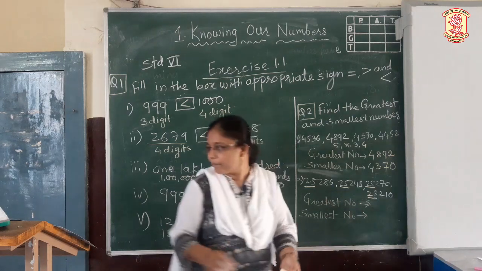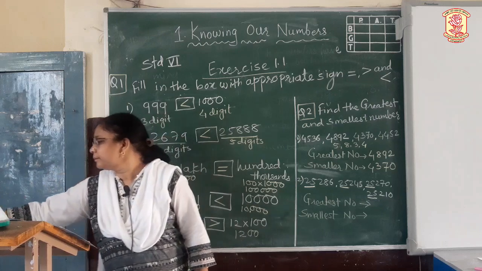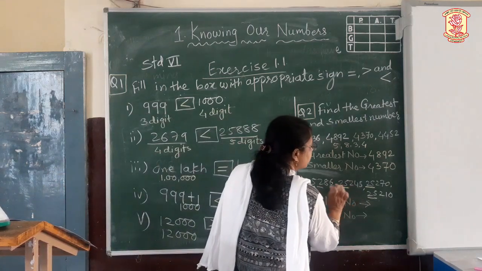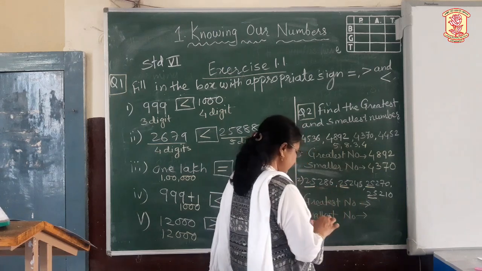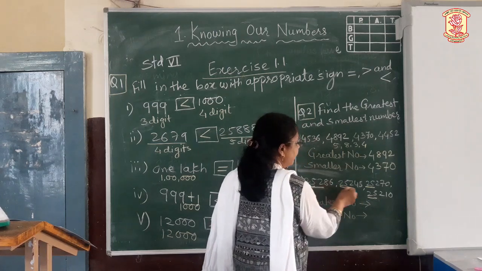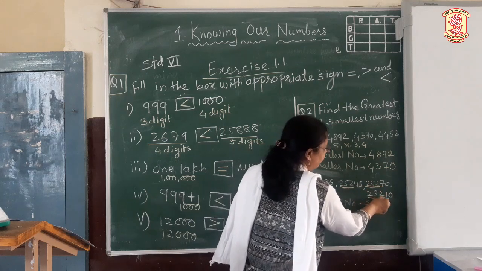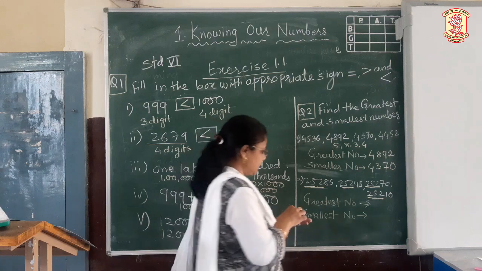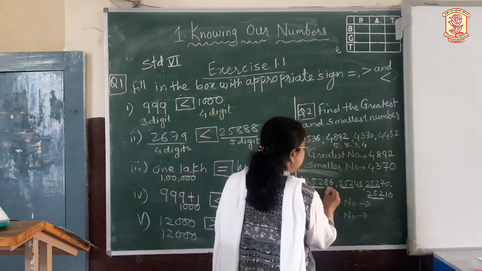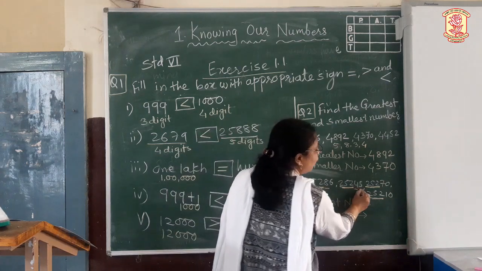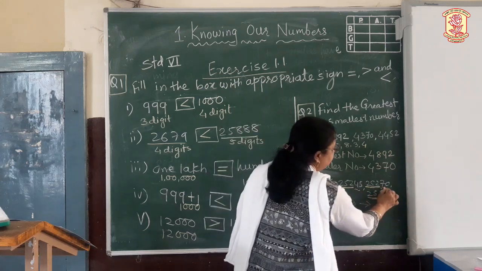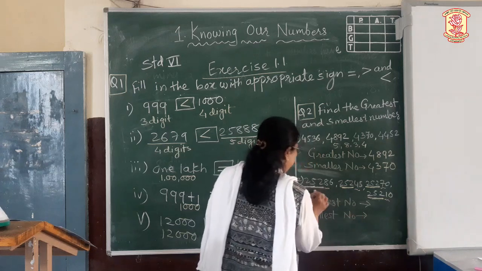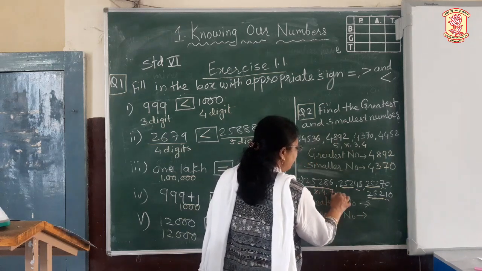Then we look at the third left digit. The third left digit is also the same in all the numbers. So we have to look at the fourth left digit. That fourth digit is 8, 4, 7 and 1.